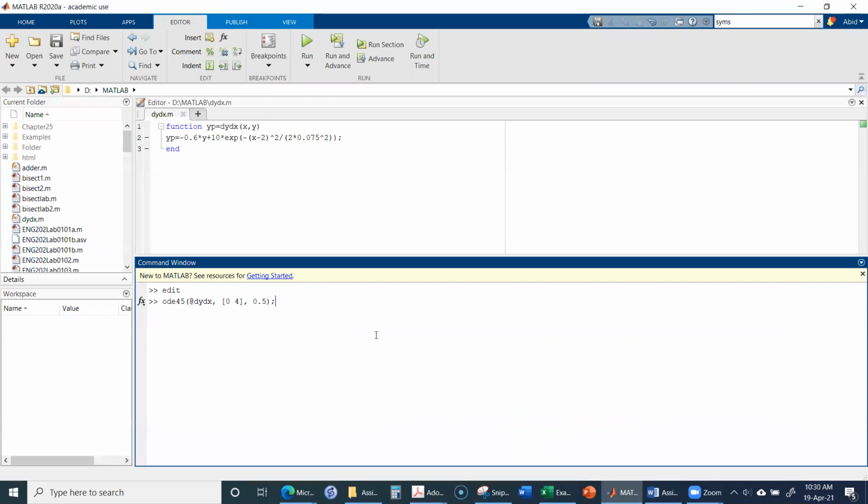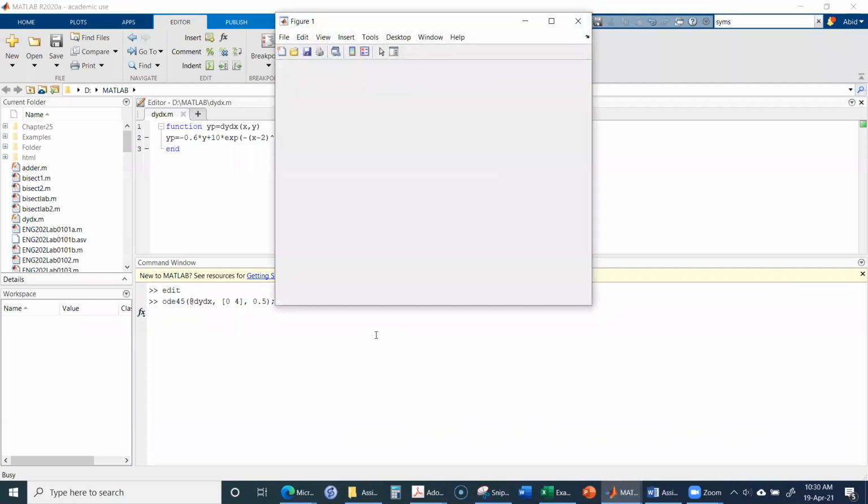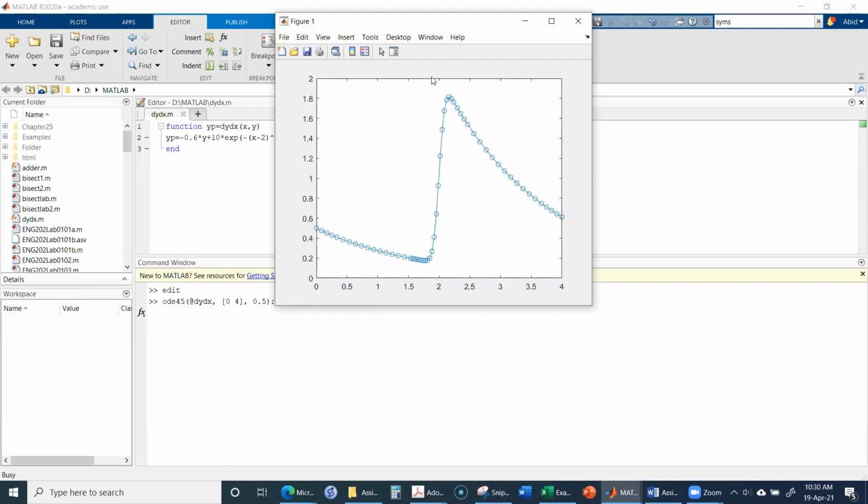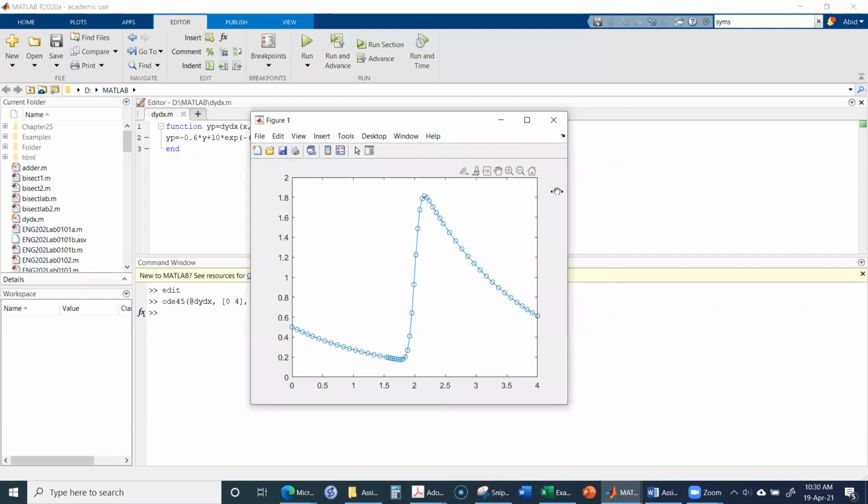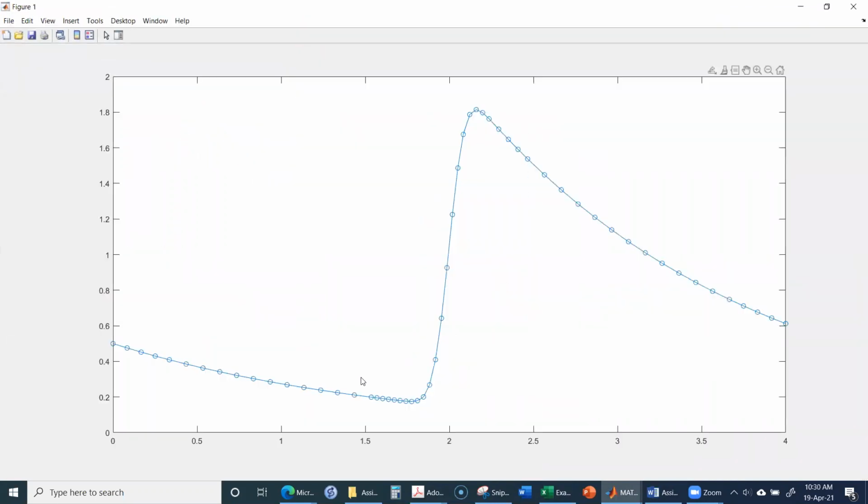After putting the semicolon, I will hit enter, and then I will see the result. So in this case, I am getting this curve over here. Can you see this curve on the screen? Yes.